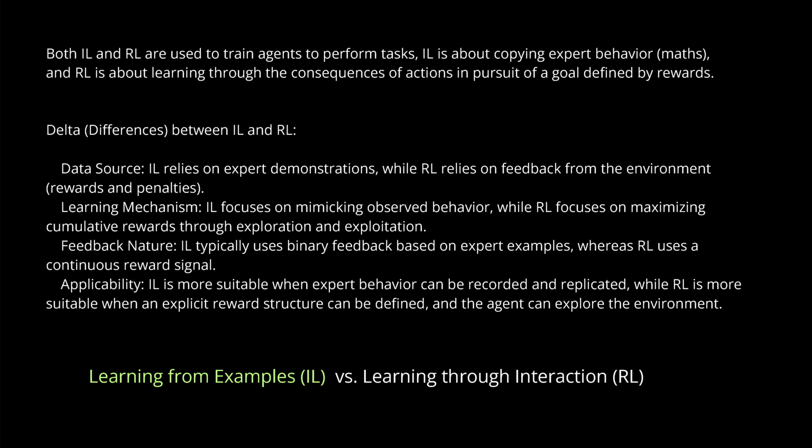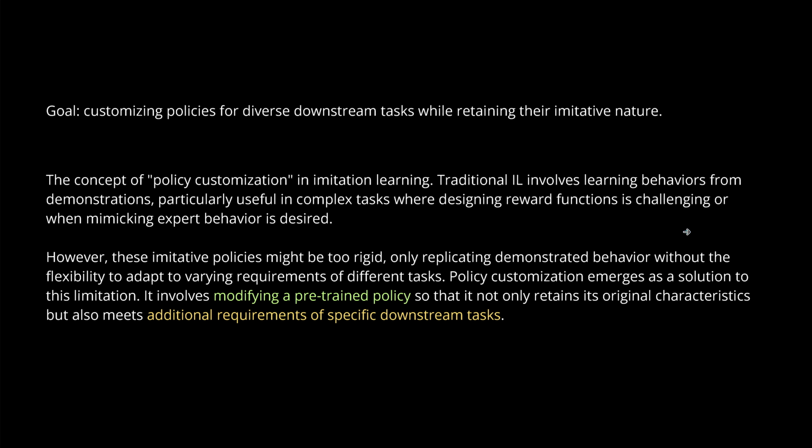Give me 100 examples. While reinforcement learning focuses on maximizing cumulative rewards, exploration and exploitation. Remember those two words because they will become important when we apply here a Boltzmann equation. Feedback: imitation learning typically uses binary feedback based on expert examples. RL uses a reward signal. You know all of this. This is just for summarization.